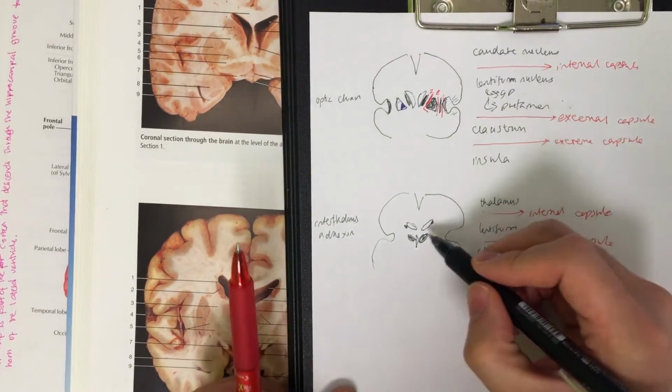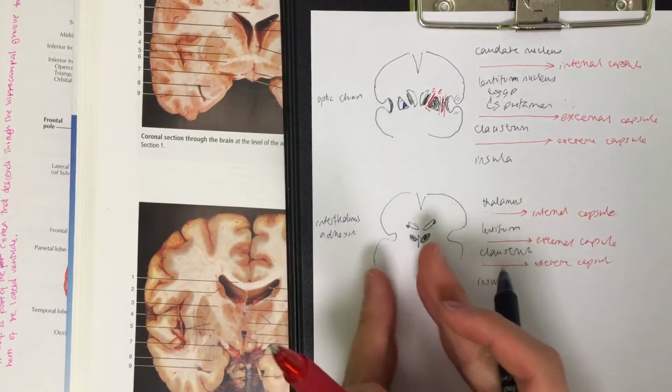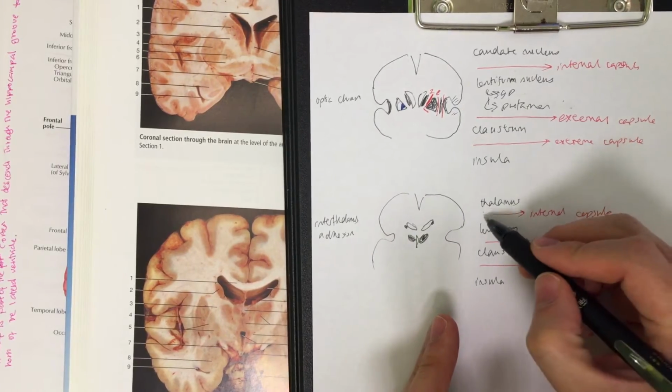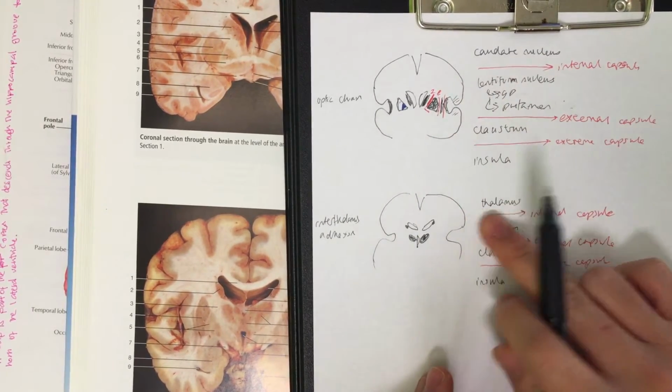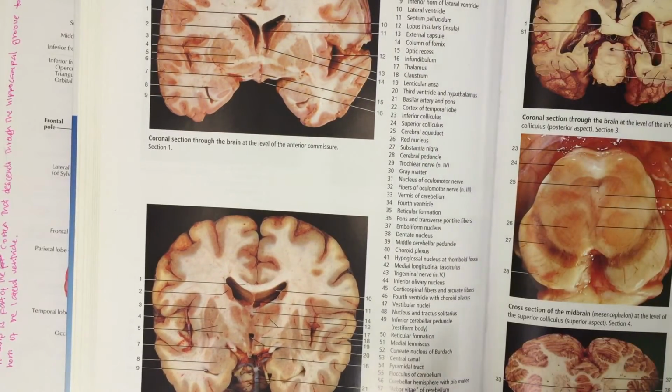Yeah. So in this cross section, more posteriorly, the medial grey matter isn't the caudate nucleus, it's going to be the thalamus. And that's just basically the anatomy of the brain.